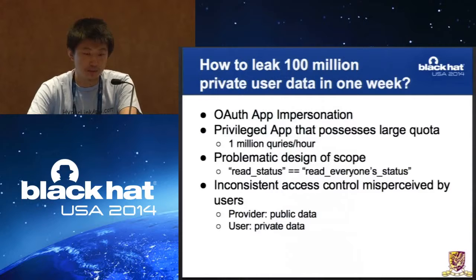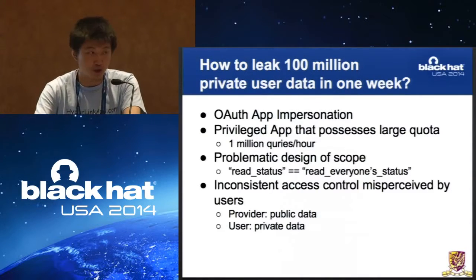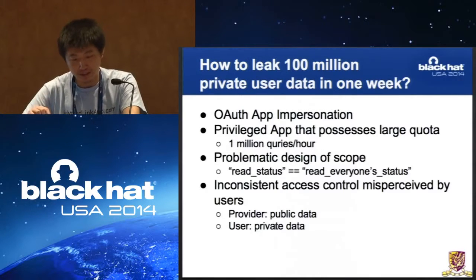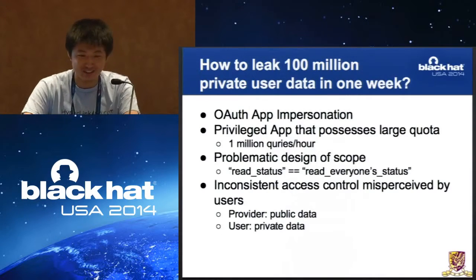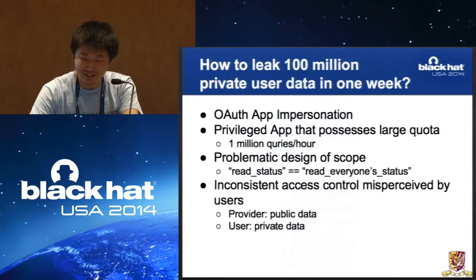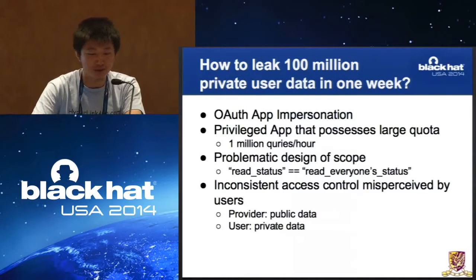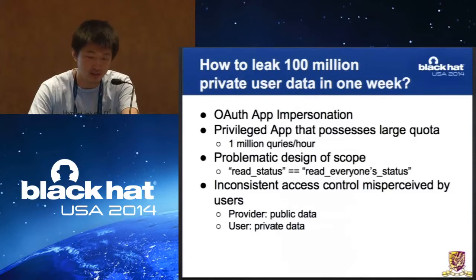The third is the problematic design of the API. Firstly, the scope: read status is basically equal to read everyone's data, and the provider says this is not a mistake but by design. And there is even inconsistent access control, because the provider says public while users feel it's private. That's why the leaked data is sensitive.